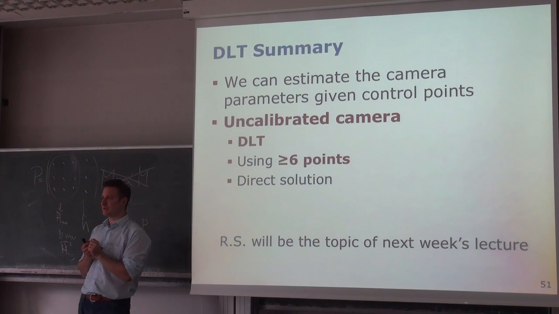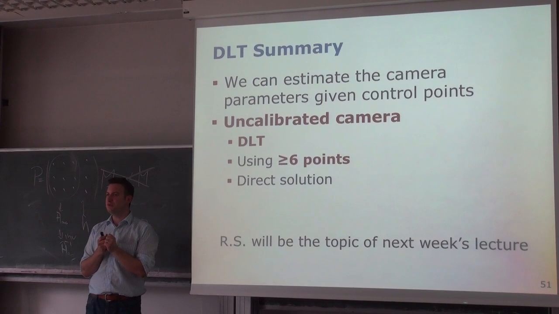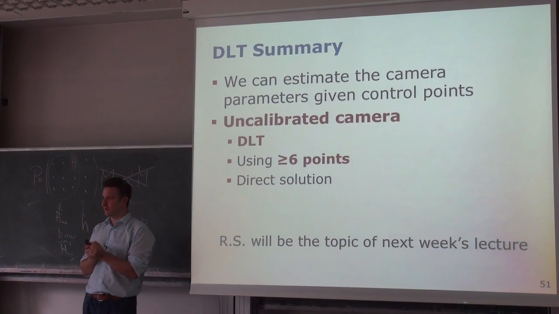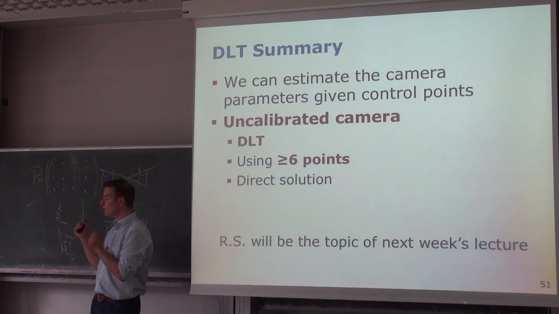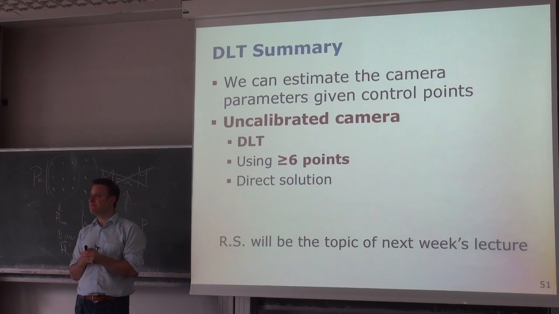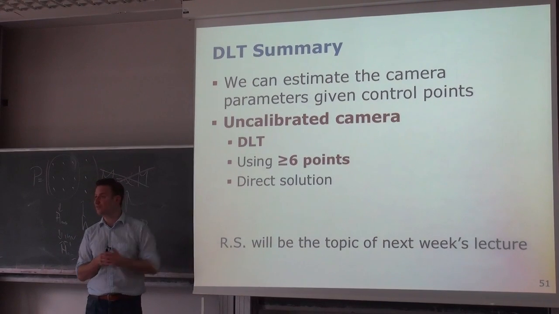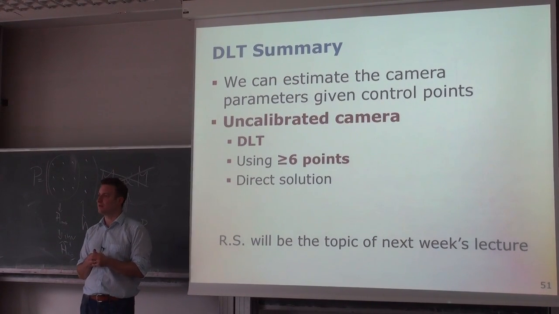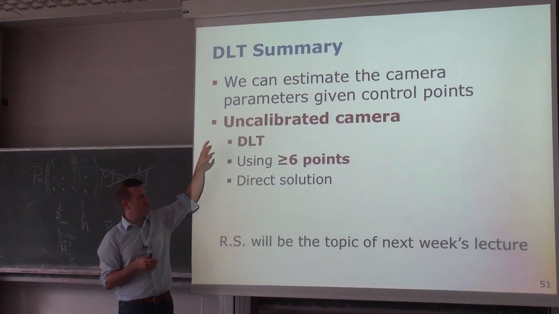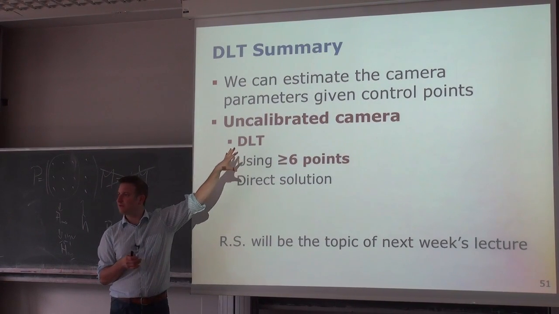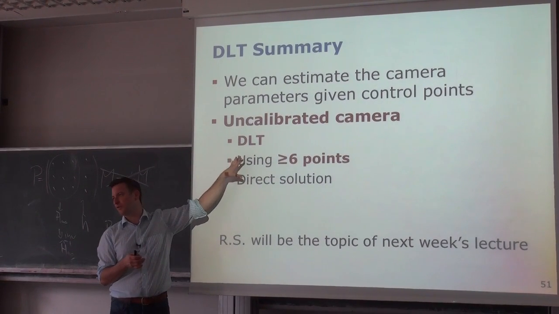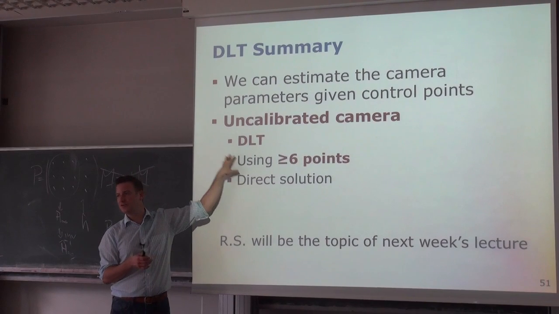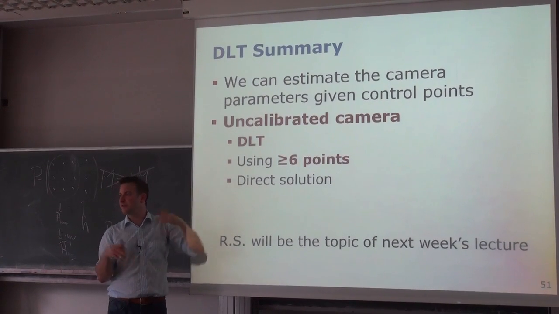That's for the uncalibrated camera. So we use this if we don't know the calibration parameters of our camera. If we know what the calibration matrix looks like, so if we know K, then we can do that better. And this will be the topic of next week on how we actually do that. The DLT is a very central element in photogrammetry. Therefore, for the homework assignments, we'll ask you to compute the full DLT for an example.